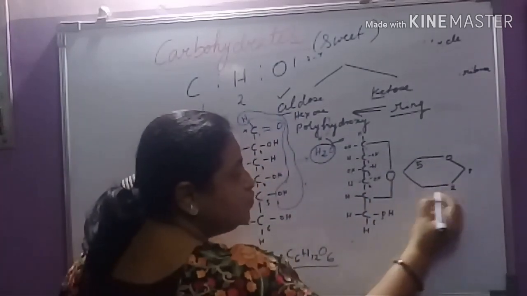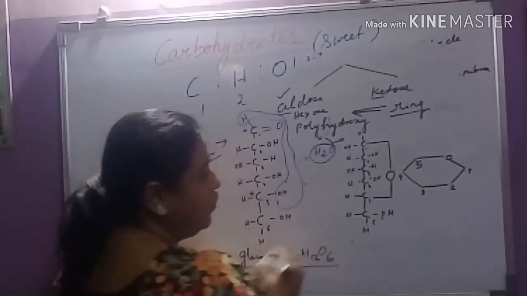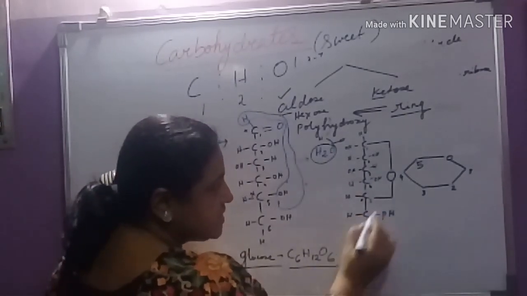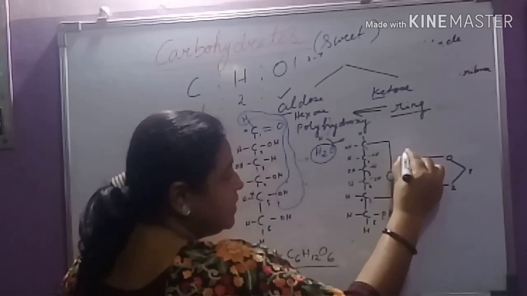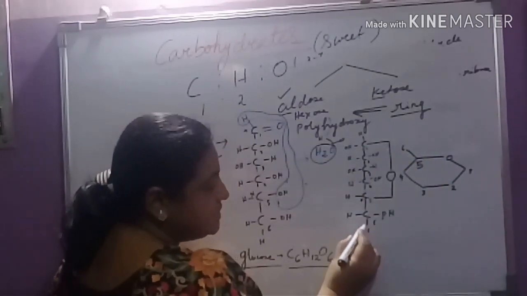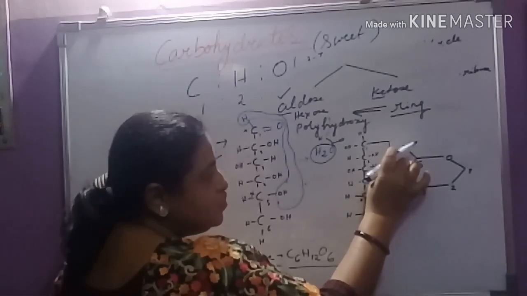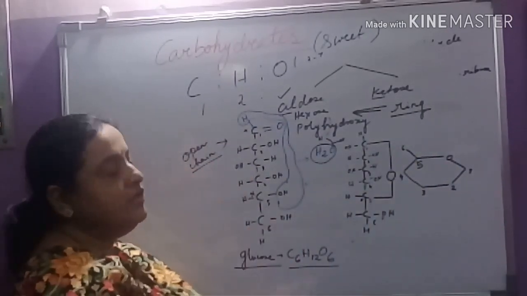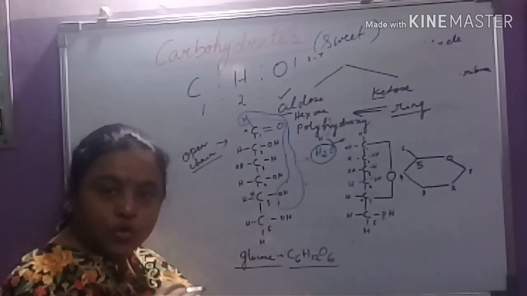So this is number 2, 3, 4. And if you look at the carbon number 5, there is the 6th carbon. The 6th carbon extends as a branch. What is the 6th carbon? 6th carbon is CH2OH. So this CH2OH comes here. So this is basically the ring structure of glucose.